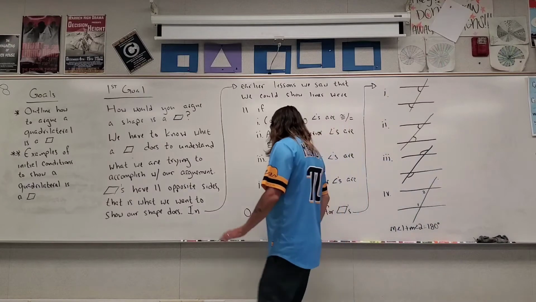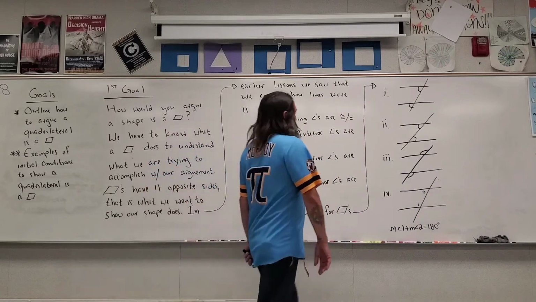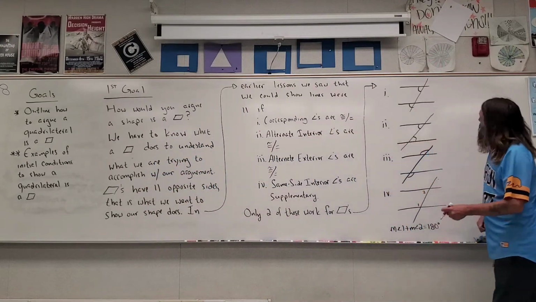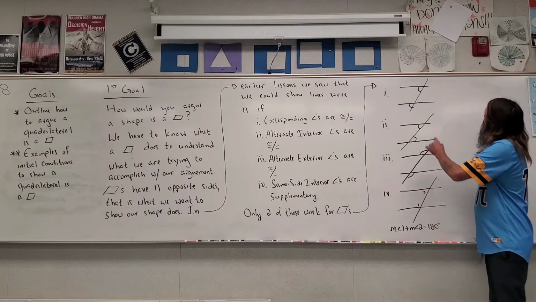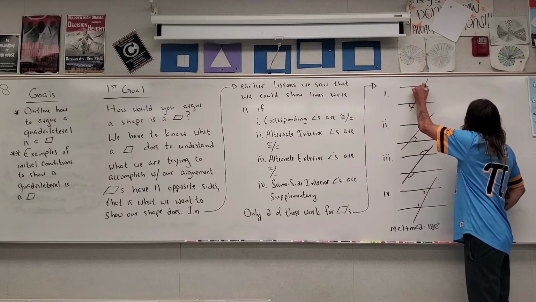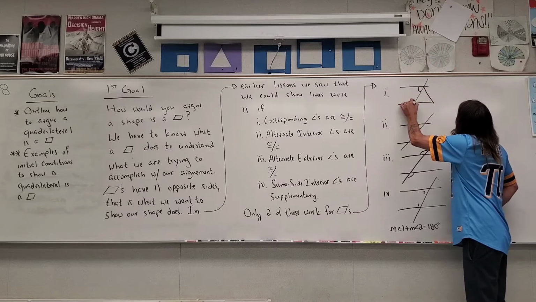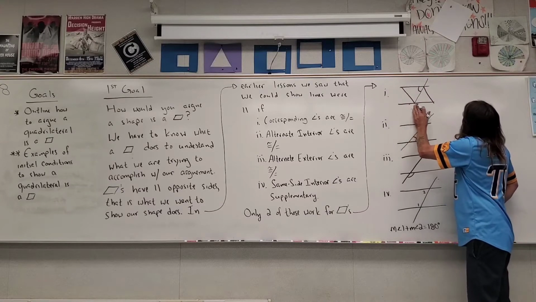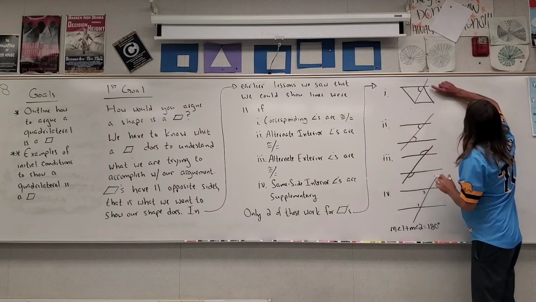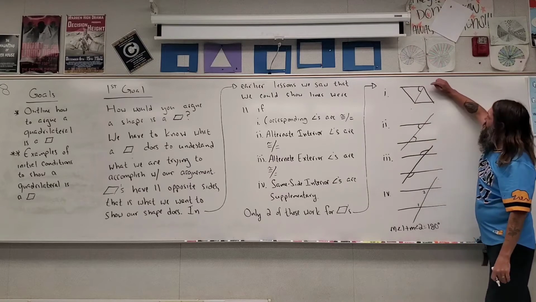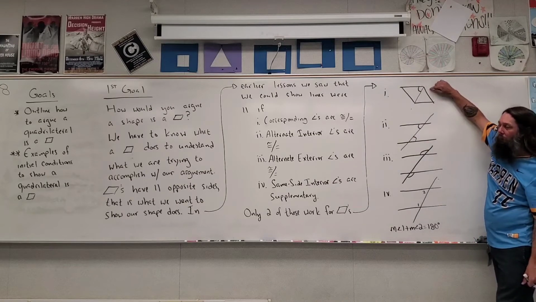Okay, so let me erase or add some segments here to show parallelograms or 4-sided shapes. So if I was to add this side and that side, we have this left over, and this is not good enough for us to argue we have a parallelogram.